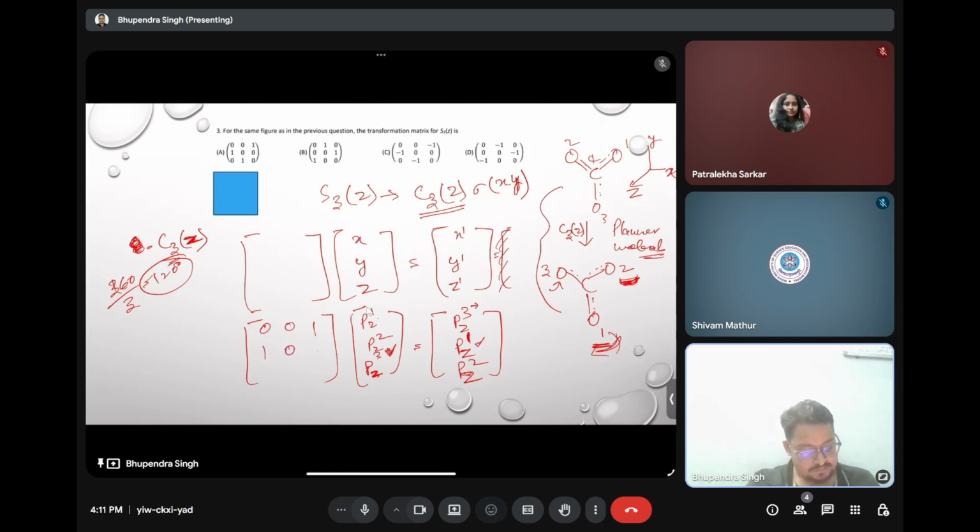So 1, 0, 0. Next, this was 3, became 2, so 0, 1, 0. So this is your C3Z transformation matrix.